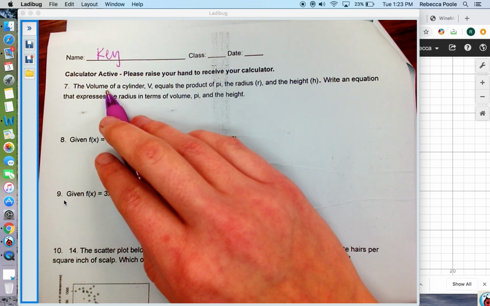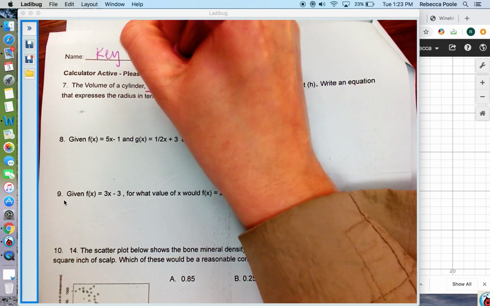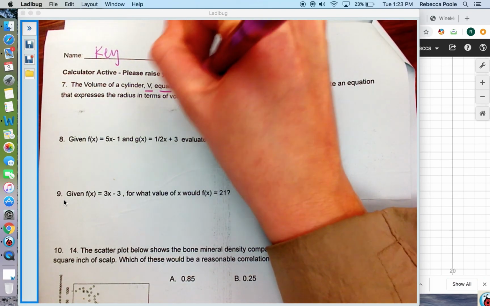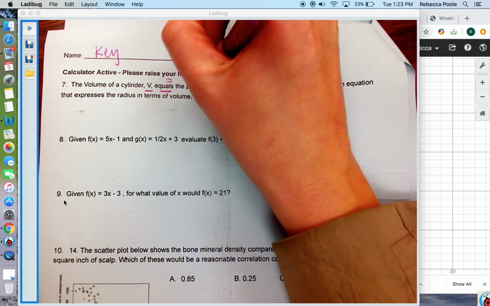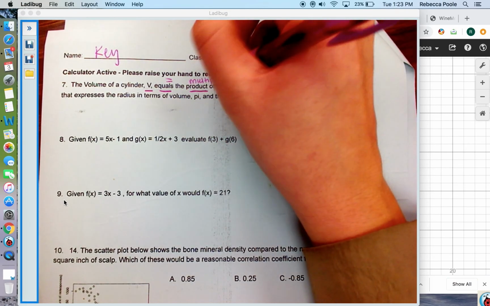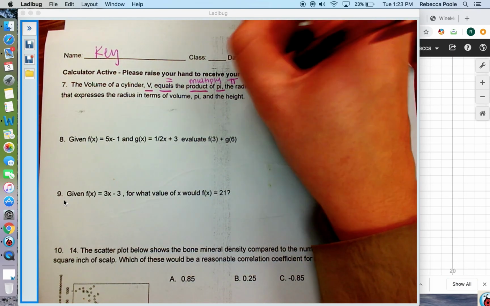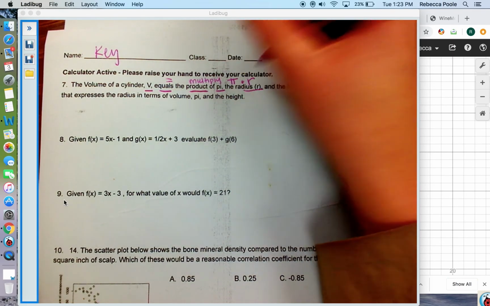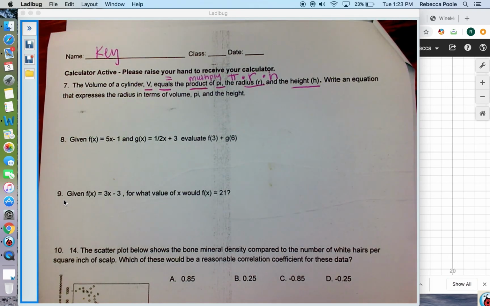So for number 7, the volume of a cylinder V equals the product. So the word product means we're going to multiply of pi, which for pi we know we use this symbol, the radius r, so we're multiplying by r, and the height h, so again we're multiplying by h.